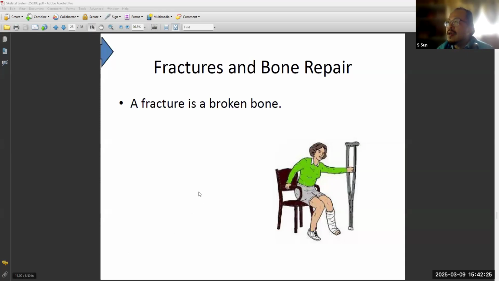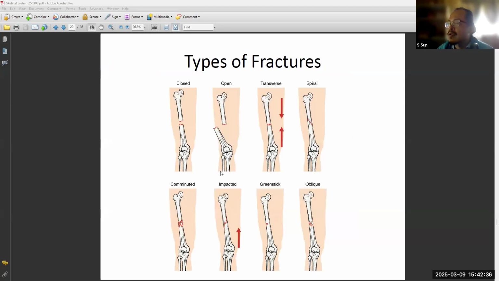When there is damage to the bone, we call it a fracture. So a fracture is damage to the bone. There are different types of fracture, or different severity of fracture. We can have a closed fracture versus an open fracture.